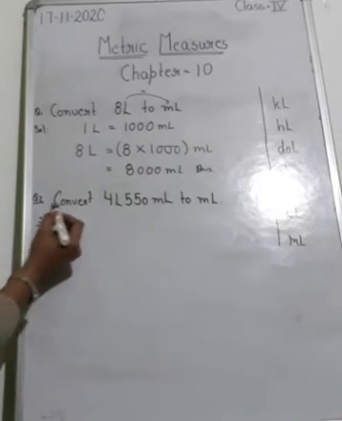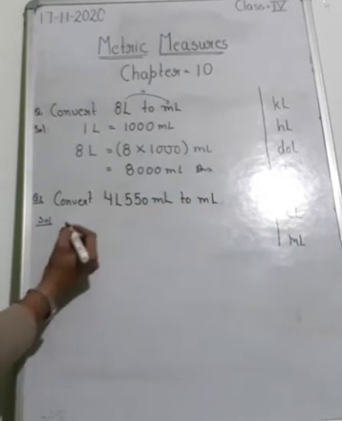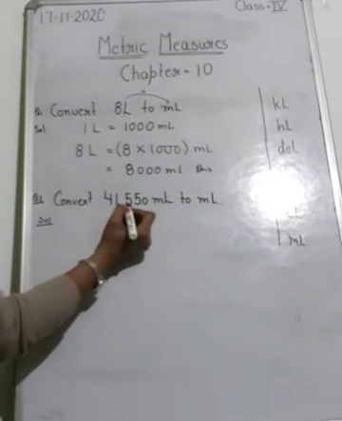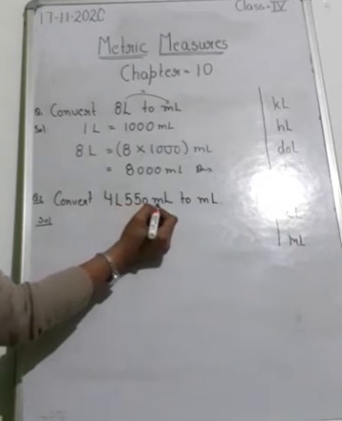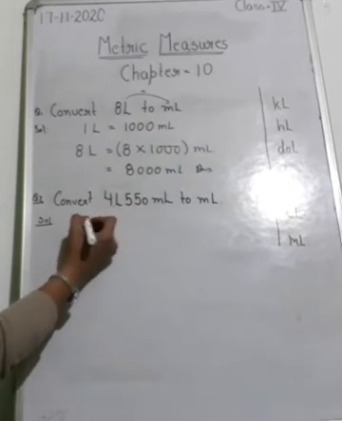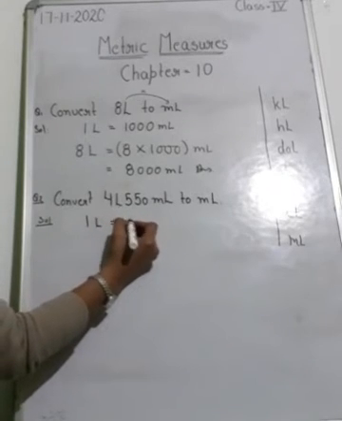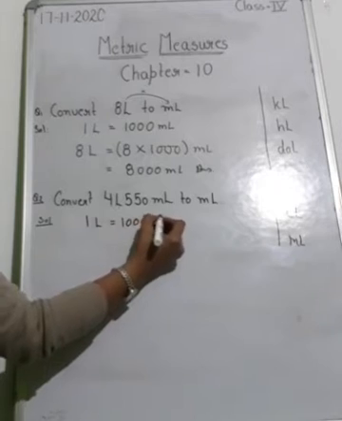Now question number 2 is convert 4 liter 550 milliliter to milliliter. You can see this 550 is already in milliliter. You only have to convert this 4 liter. So you will write 1 liter is equal to 1000 milliliter. Clear?